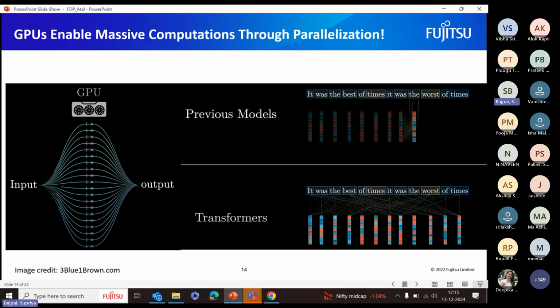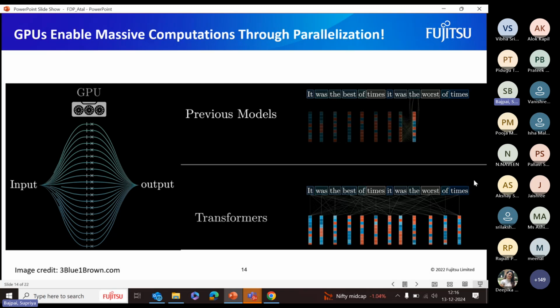Previous models were based on sequence-to-sequence tasks, processing one word at a time, so we could not parallelize them and do the computation faster on the GPU. But when the transformer came, the architecture was such that, because of the self-attention mechanism, we can process all the computation at once.